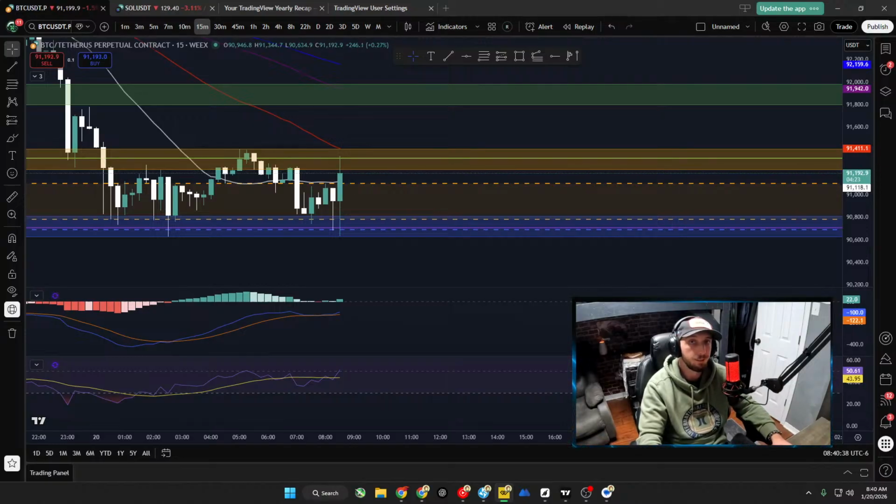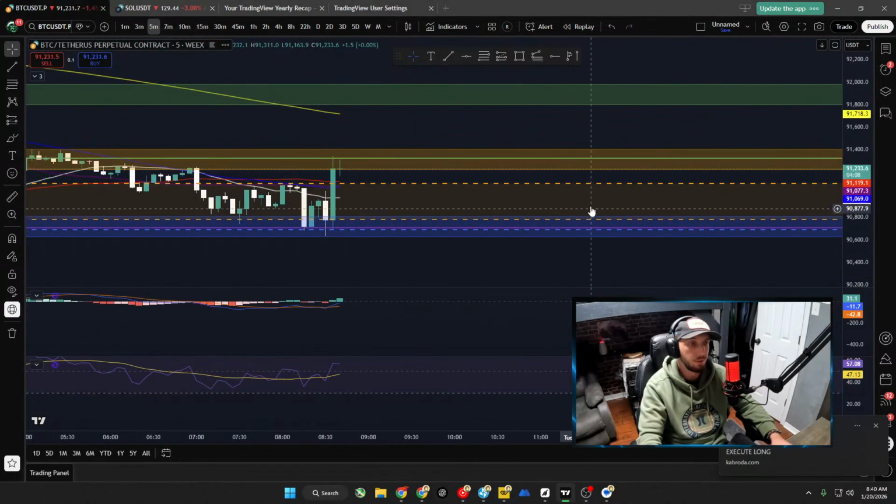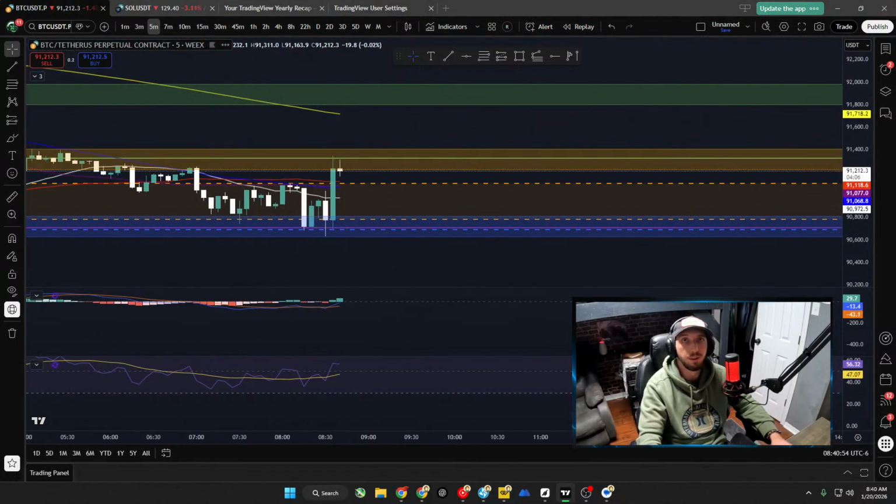We're just waiting around. It's getting close though. It is getting close, guys. I want to see that 5-minute close above this at least to confirm the start of our trade here on the market.